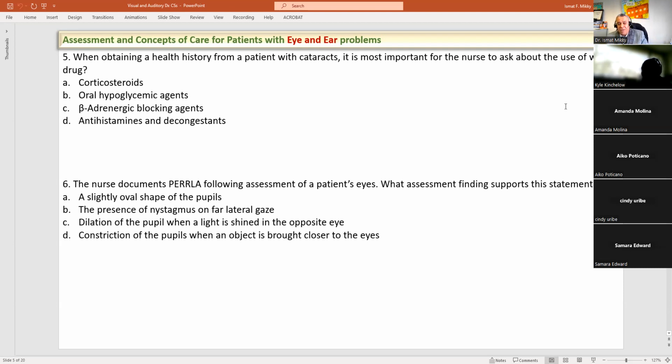Patients with diabetes may develop, as a long-term complication, an eye problem. What specific eye complication may develop from diabetes? Retinopathy. Right, exactly. Diabetic retinopathy.